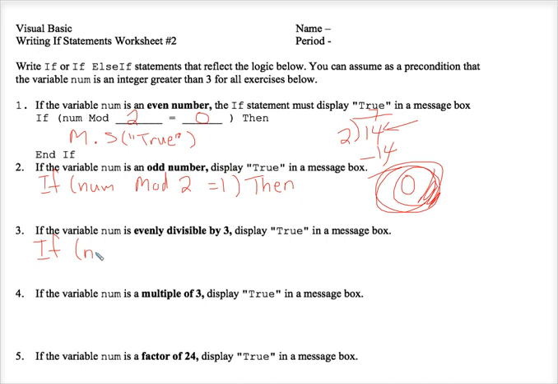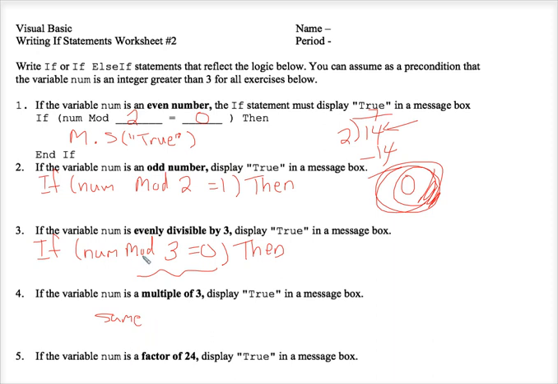If num mod 3 equals 0 instead of if num mod 2 equals 0. And the rest of this is straightforward. Number 4, being a multiple of 3 is the same thing as being evenly divisible by 3. So number 4 is the same as number 3.